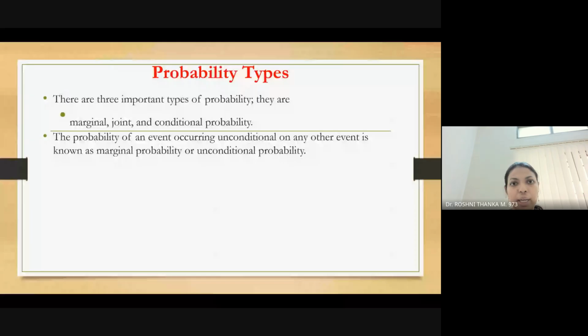Getting a king is one event, getting a queen is another event. If there is no condition between the occurrence of these 2 events, it is a marginal probability, also called unconditional probability.